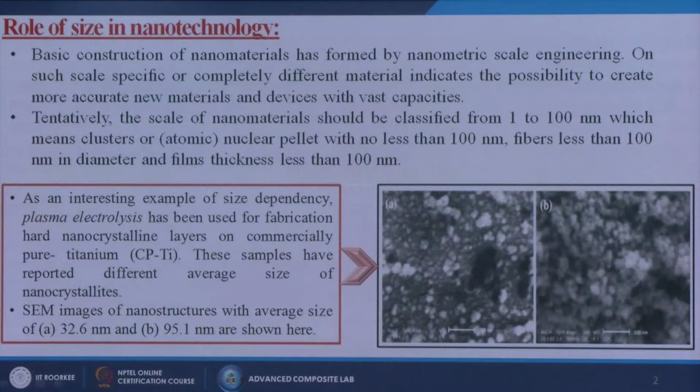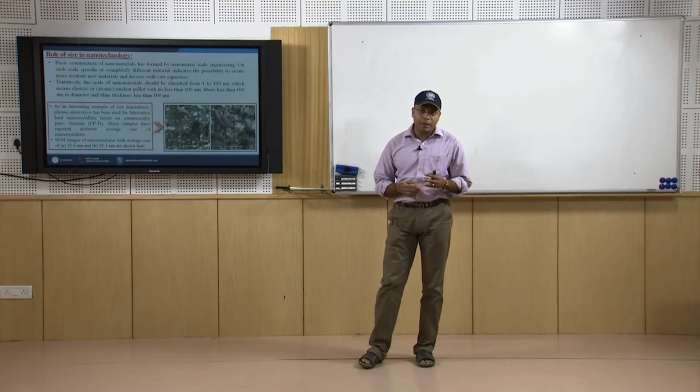On such a scale, completely different material behavior indicates the possibility to create more accurate new materials and devices with vast capacities. In our past few lectures we have seen that when we change the particle size from macro to micro, or from micro to nano, the same properties change like hell and heaven.